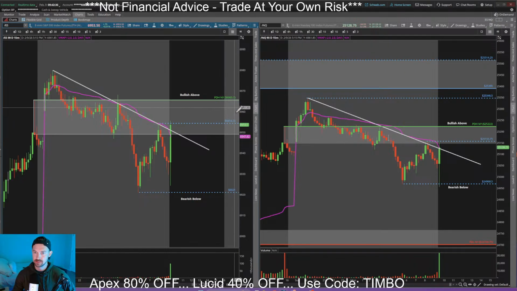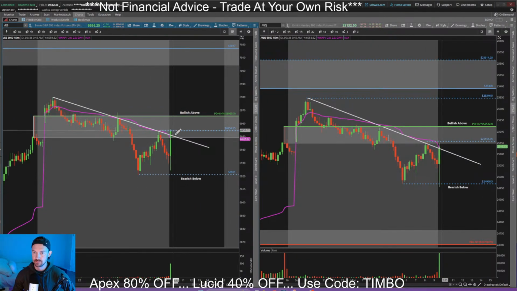All right, ES trying to keep pushing here, it looks like. Maybe we'll get that test up to the previous day high from Friday.